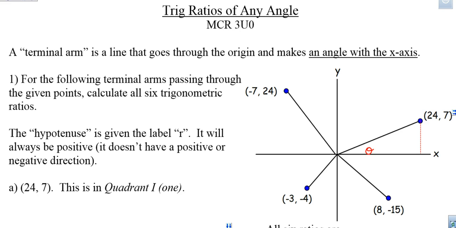In quadrant number 1, which is in the top right corner, this angle theta is the angle we will be examining, because from the x-axis, that's the angle that is made with the terminal arm. I want to calculate the trig ratios, all 6 of them, for this triangle right here that I've made. I've made a triangle out of it, just like in the last video, by drawing a vertical line down to the x-axis.